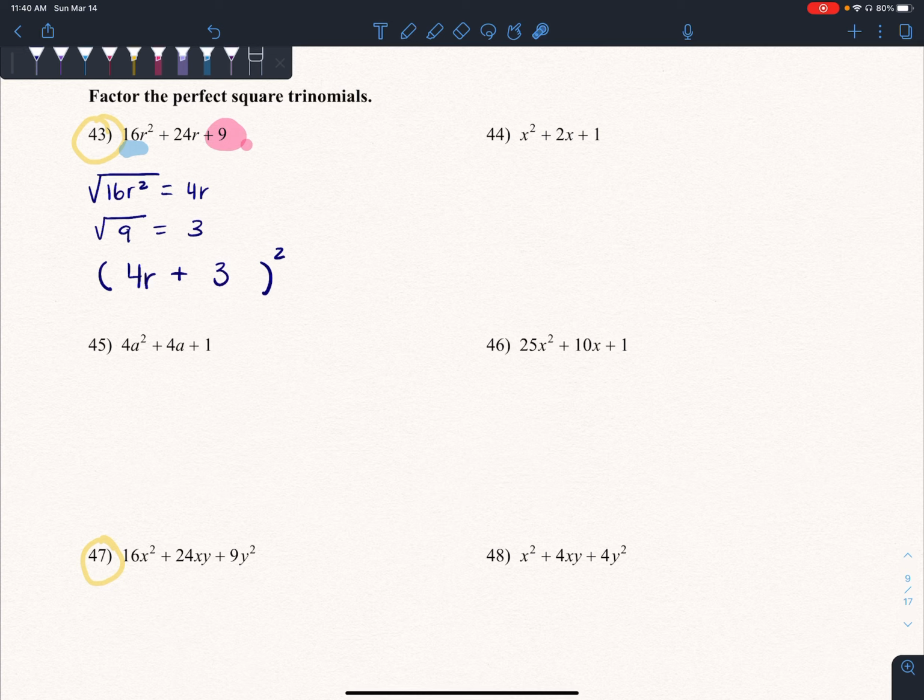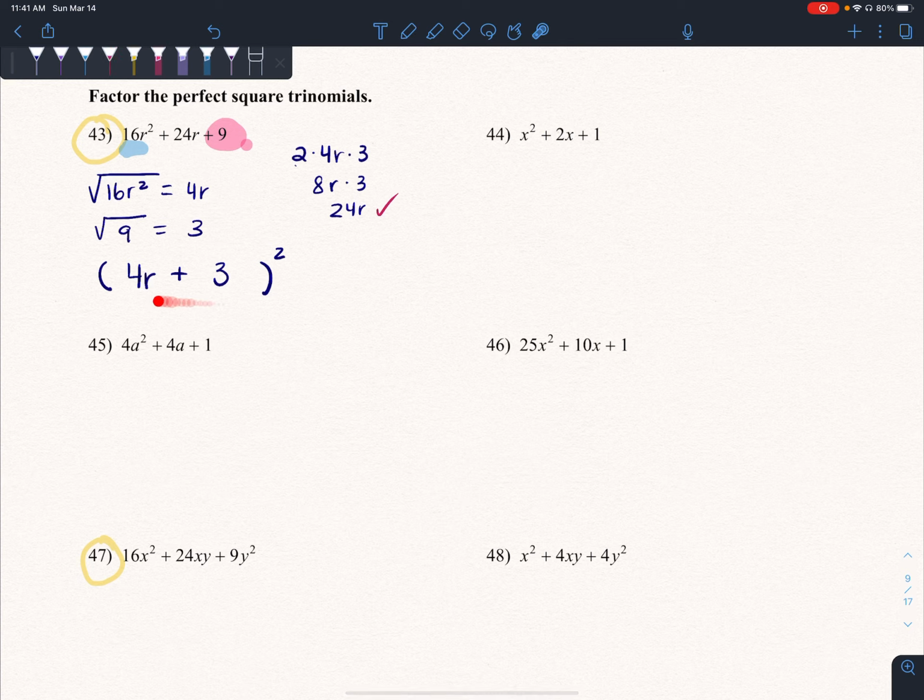And now all you have to do is double check this middle term. So here you have 4r and you have 3. So we're just going to check that 2 times 4r times 3 does indeed give us 24r. So 2 times 4r gives us 8r, times 3 gives us 24r. We're good.